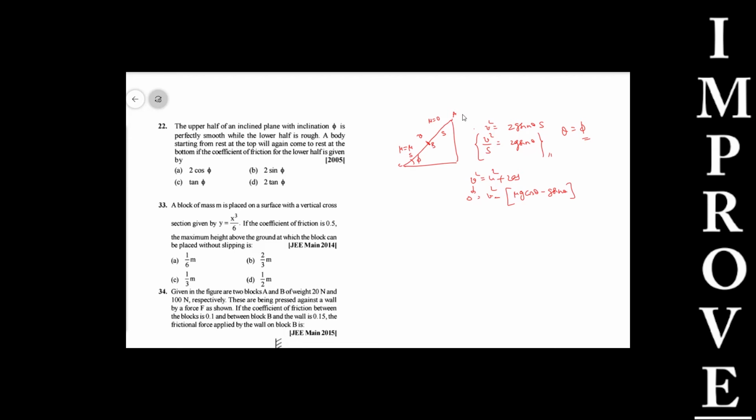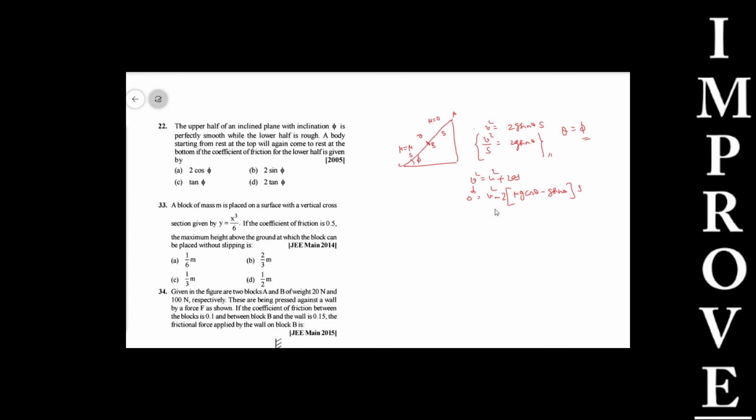Maximum frictional force upward is nu into m into g cos theta, and the downward force is mg sin theta. So the net force in the upward direction is nu mg cos theta minus mg sin theta, divided by m, which gives you the acceleration nu g cos theta minus g sin theta. So v square is equal to u square minus 2 into a into s.